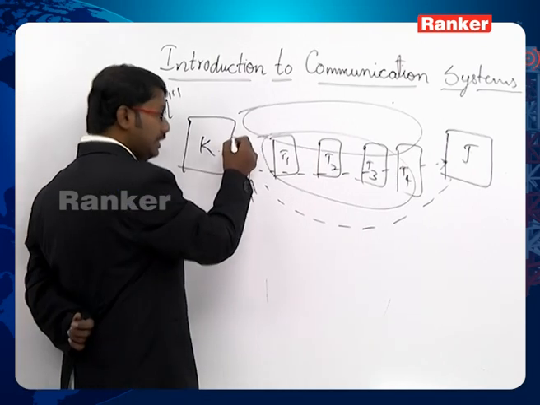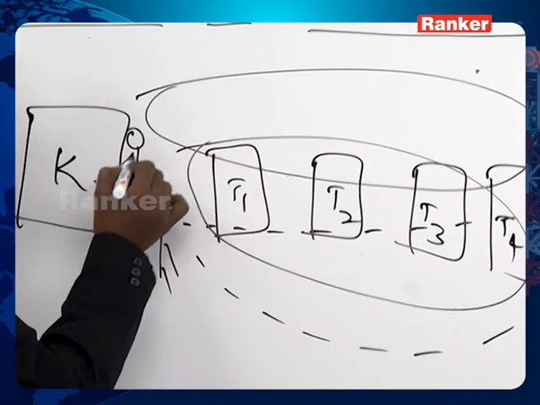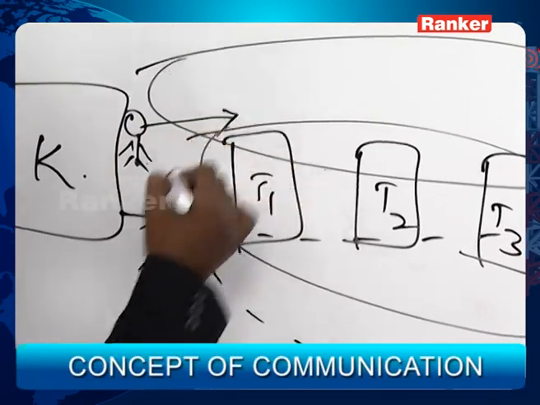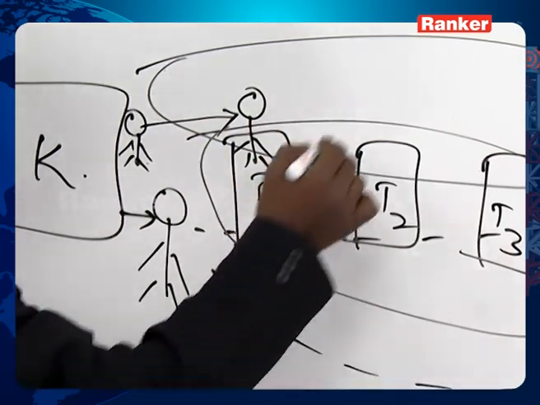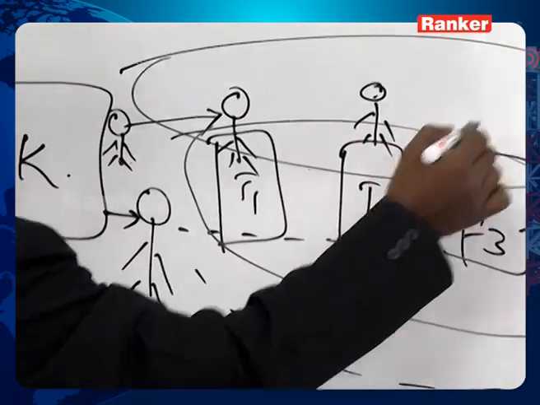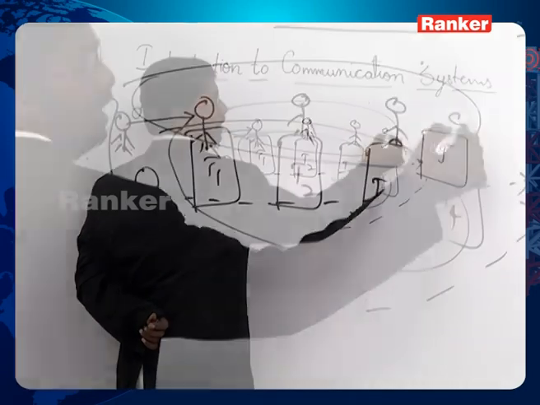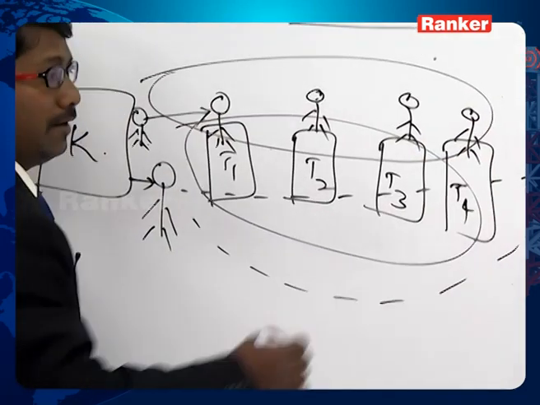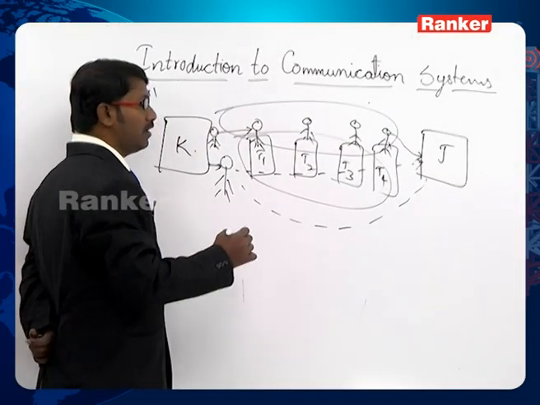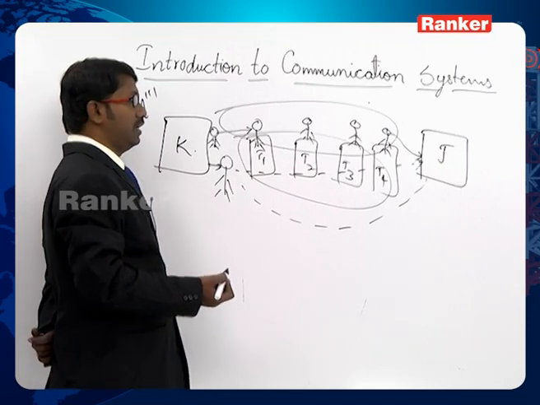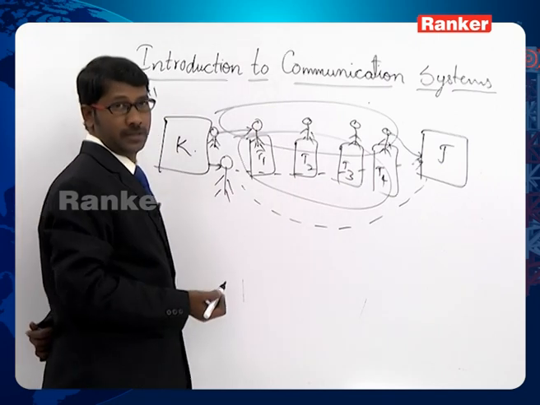In this kind of communication, the messenger at the kingdom shouts aloud the message, and here I have a second messenger at tomb T1, a third messenger at tomb T2, a fourth messenger at tomb T3 and a fifth messenger at tomb T4, and finally he takes the message to the receiving end. In this way you are increasing the reliability of the signal being transmitted from your source end to the destination end.